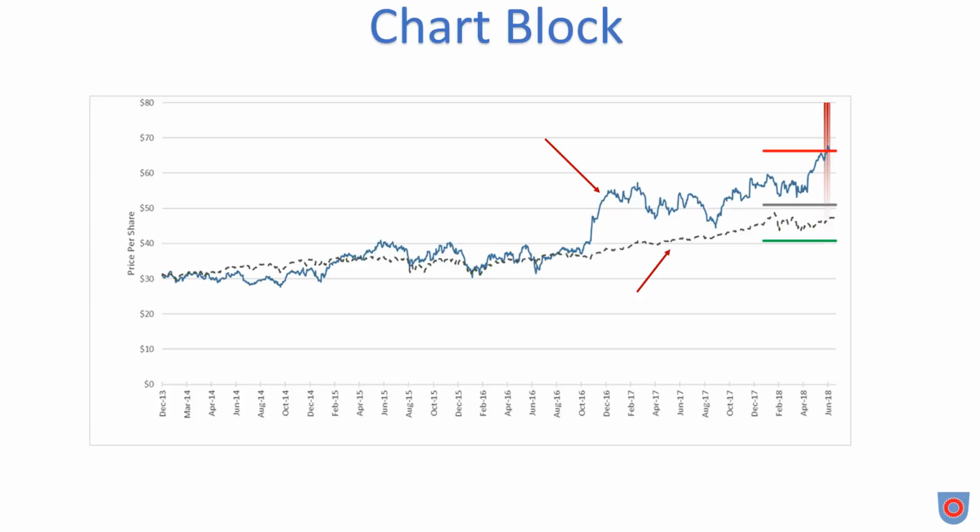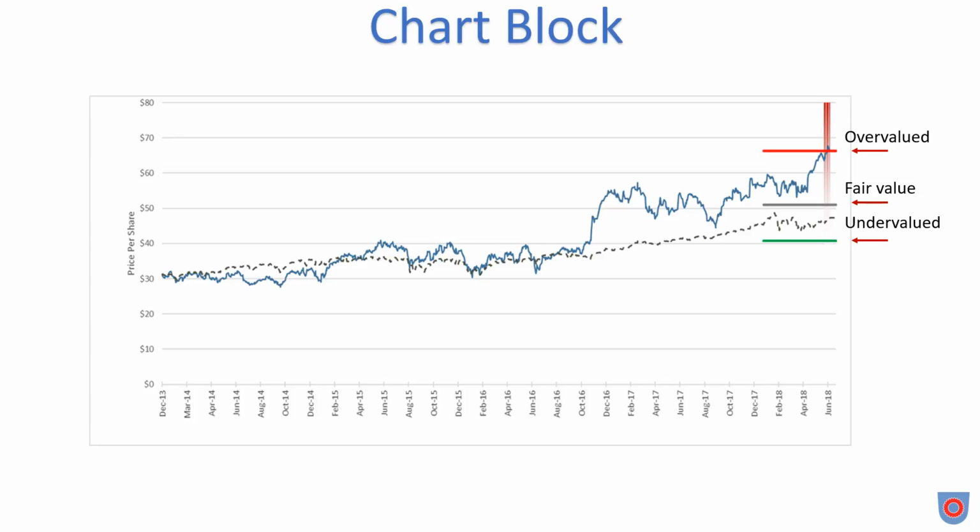There are three short horizontal lines on the right side of the chart. A red line indicating the value where the stock would be considered overvalued, a gray line that represents the stock's fair value, a green line that represents the value where the stock would be considered undervalued.